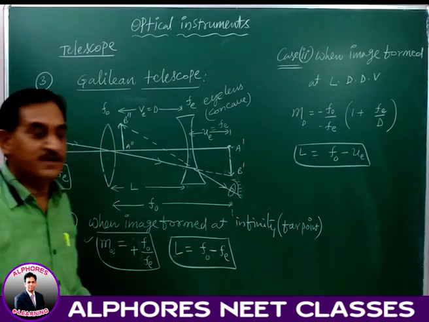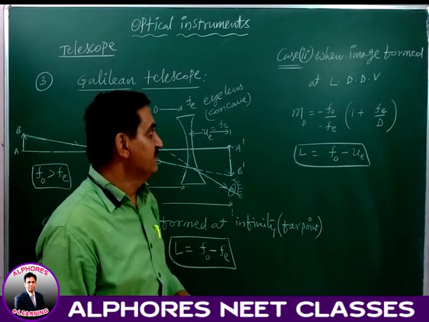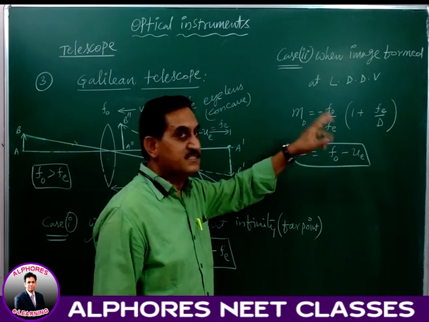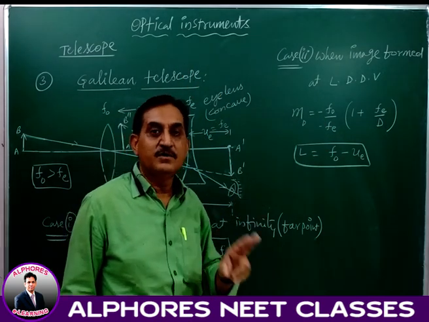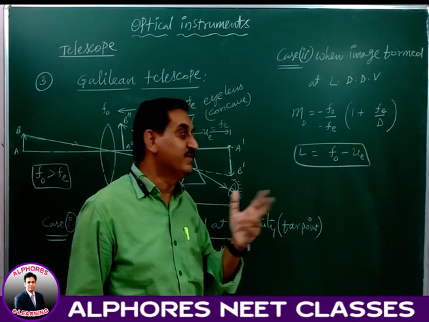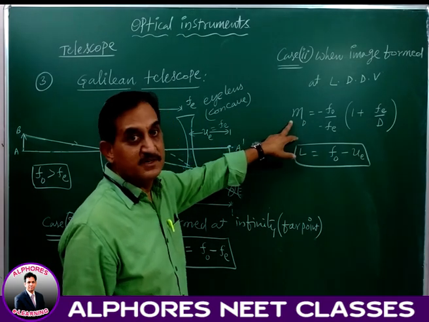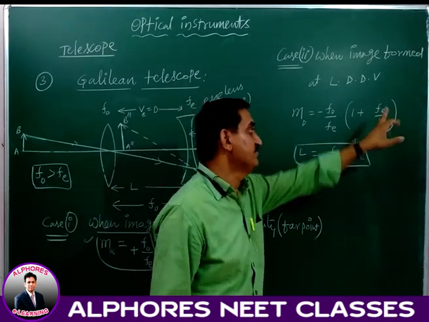Now the second case, when the image is formed at LDDV, the magnifying power is the same as the astronomical telescope with 2 converging lenses and the terrestrial telescope with 3 converging lenses, the same formula: minus f0 by fe into 1 plus fe by d.